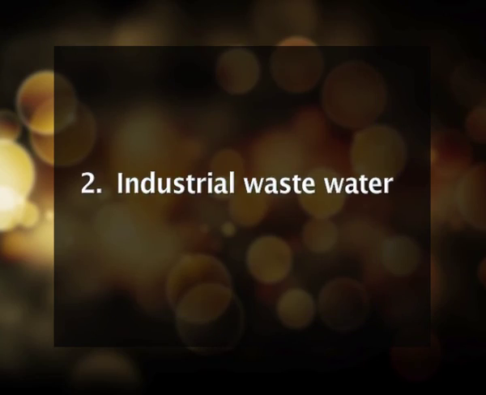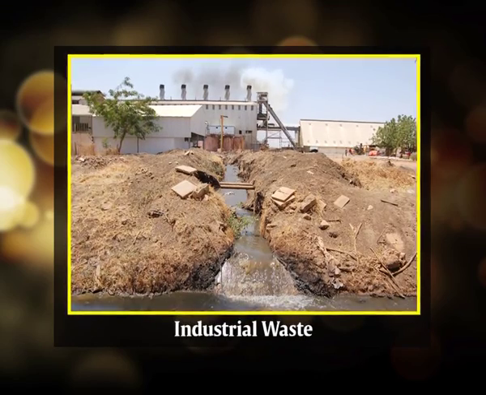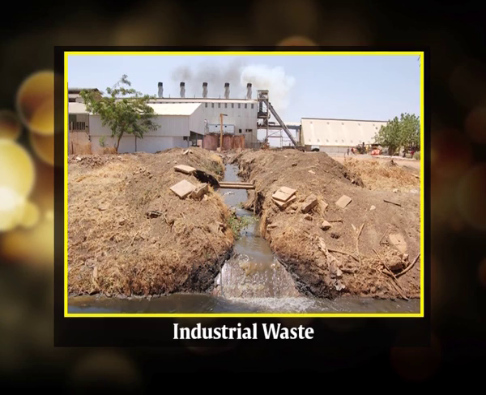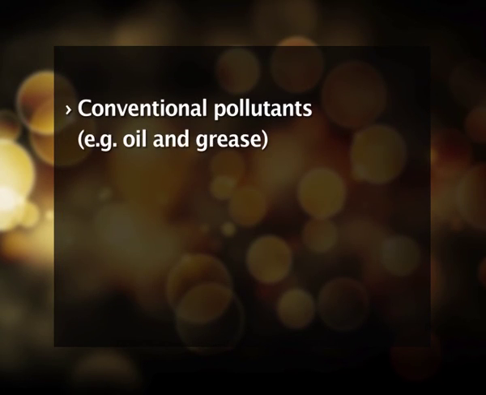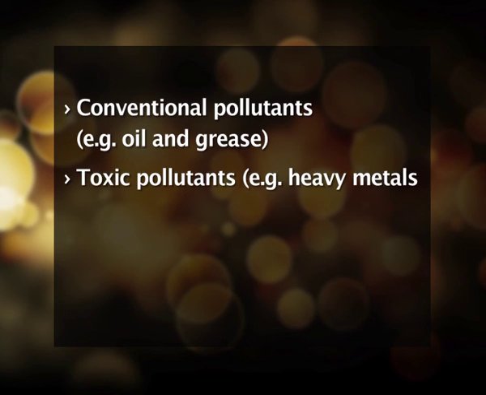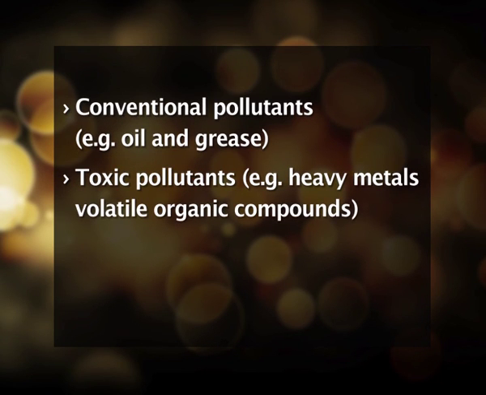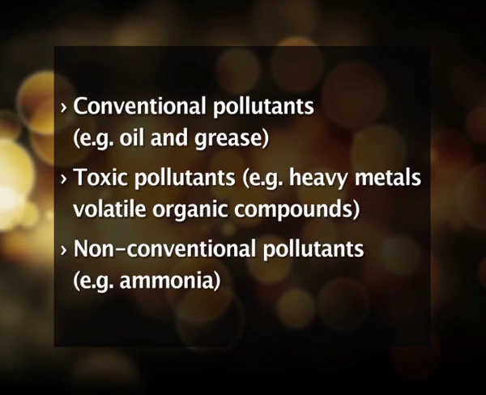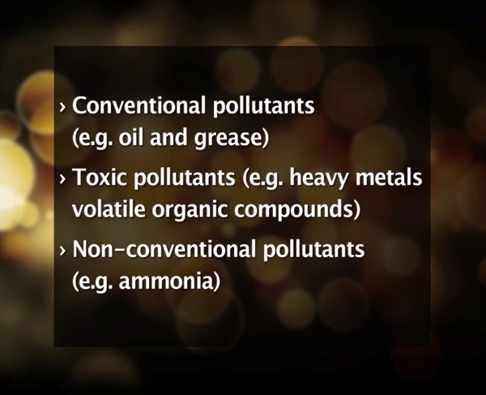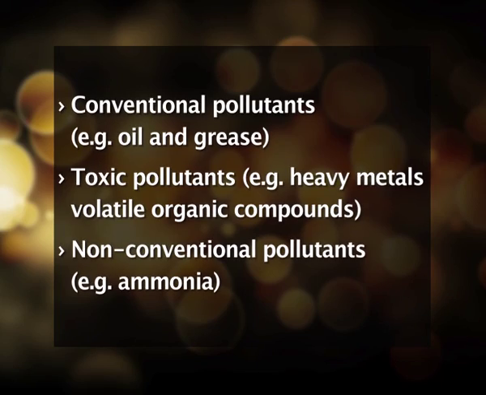Industrial wastewater. Some industrial facilities generate ordinary domestic sewage that can be treated by municipal facilities. Industries that generate wastewater with high concentrations of conventional pollutants, for example oil and grease, toxic pollutants, for example heavy metals, volatile organic compounds or other non-conventional pollutants such as ammonia need specialized treatment systems.